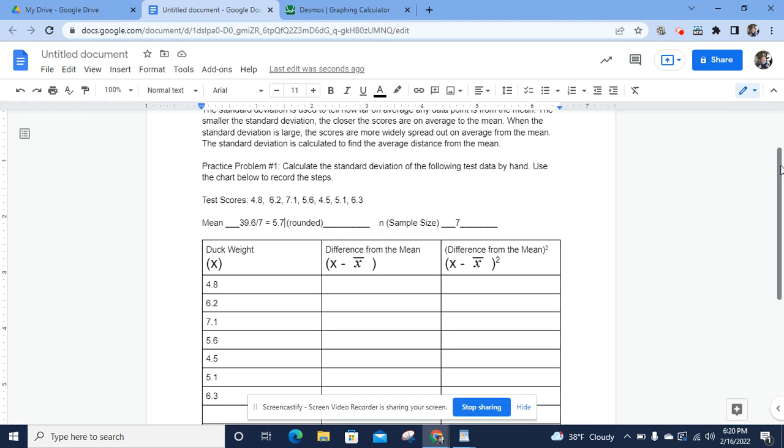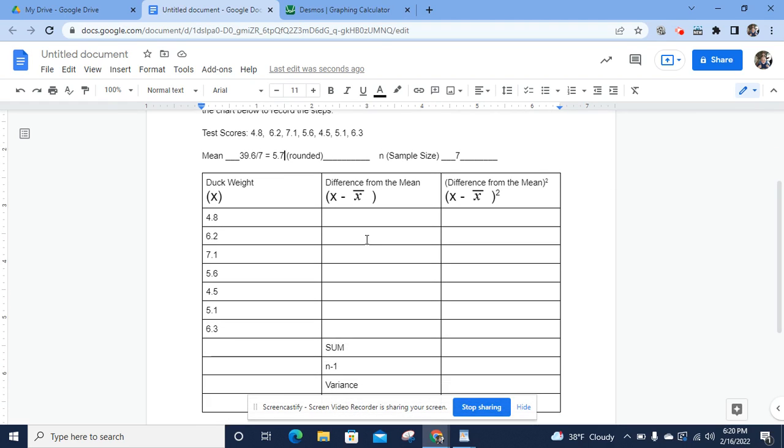Now, once I've got my mean, I need to take each one of these sample weights and get the difference from the mean. So I'm going to take that 4.8 and subtract this 5.7, and I get negative 1.1.